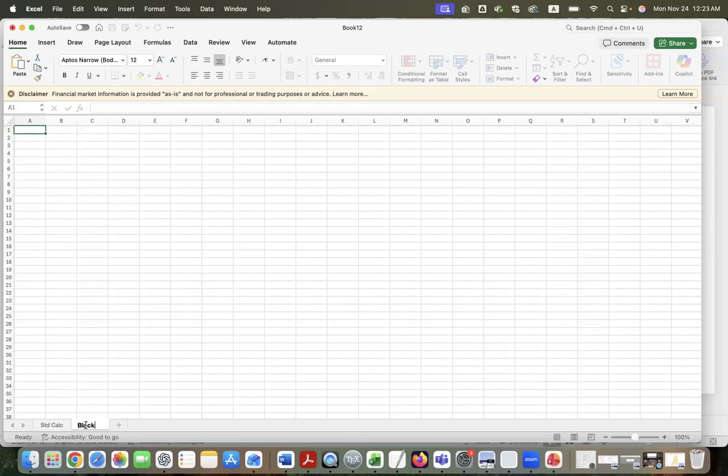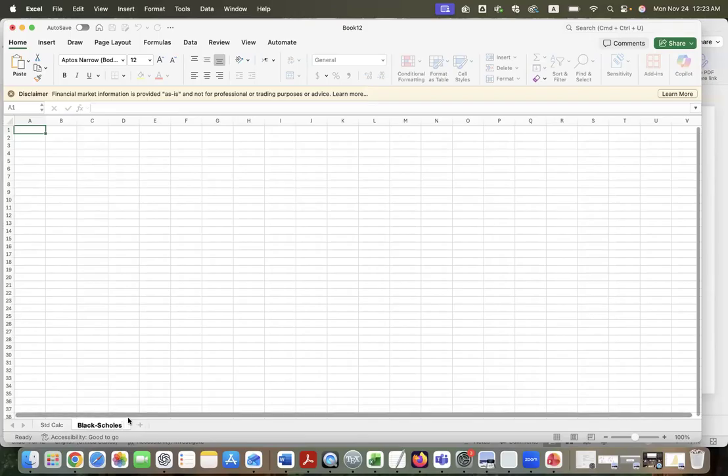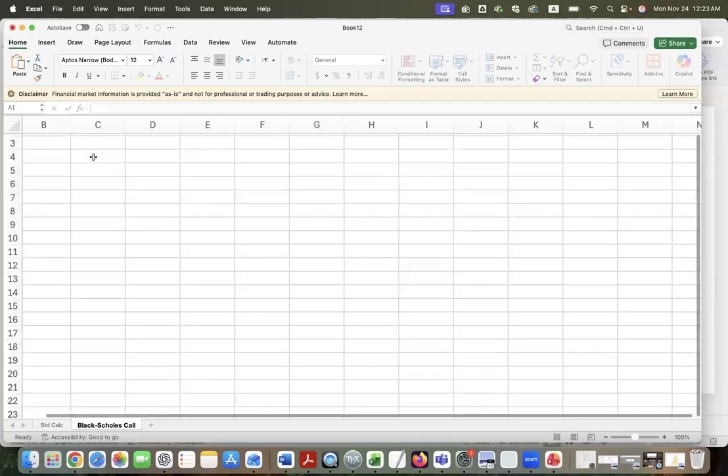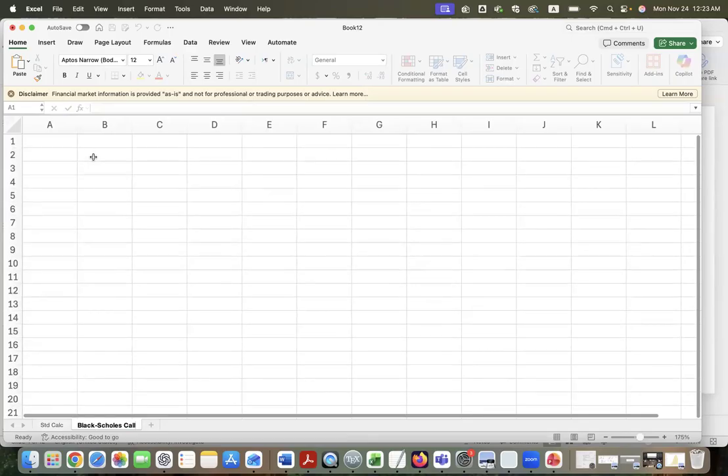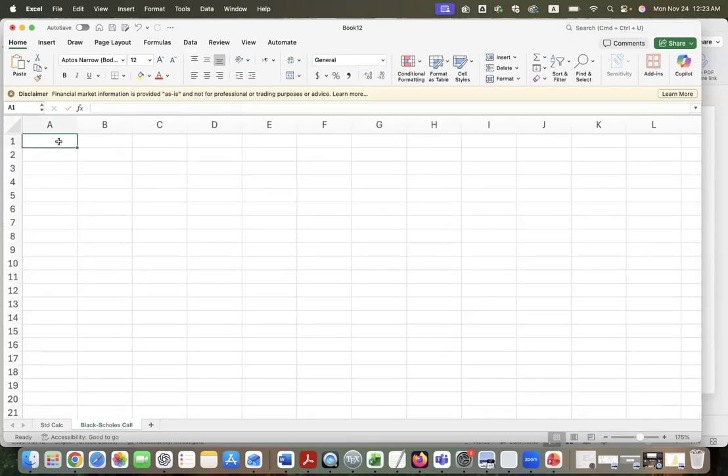So we can use this Black-Scholes for both put option and call option. Let's do call first. I'm going to start with the required information that I need. Number one, stock price.